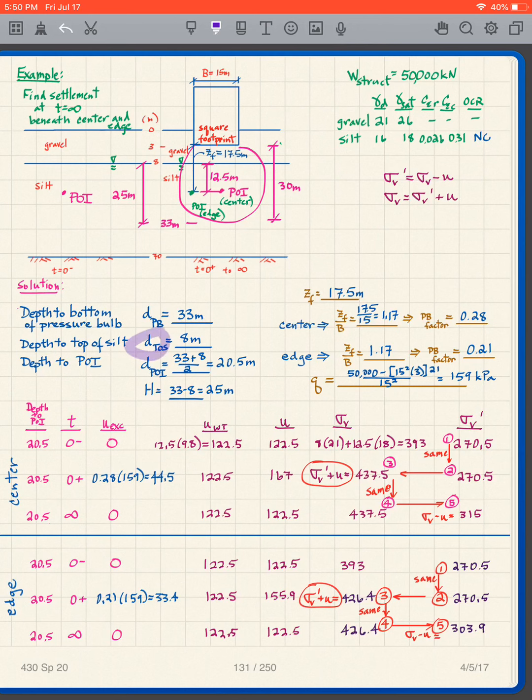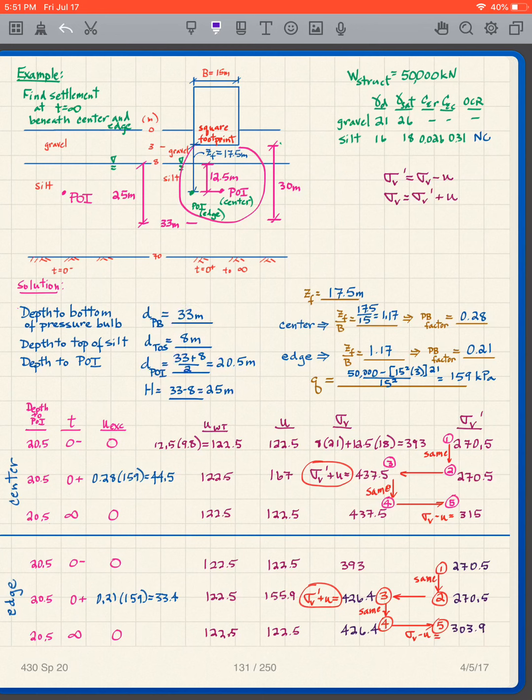The depth to the top of the silt is, that's easy, you just read it off there, it's 8 meters. That means that I use these two numbers. Take the average of the two, 20.5 meters, that's the depth of my point of interest, and subtract one from the other. I get my H, it's 25 meters.